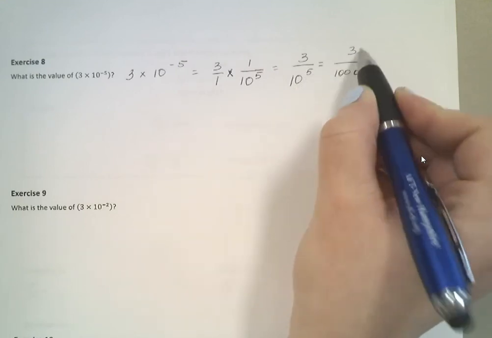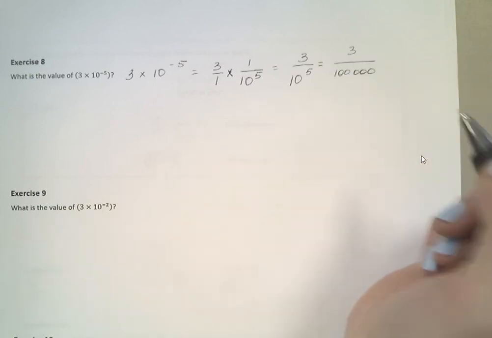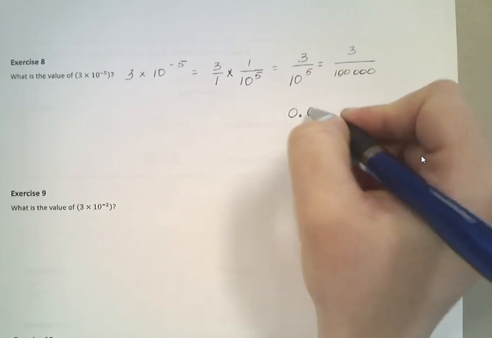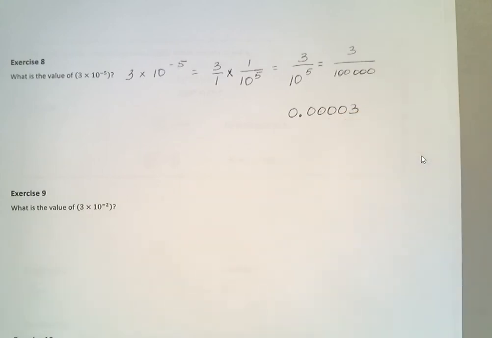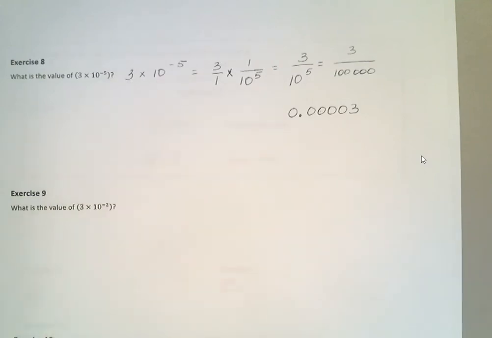So 3 over 100 thousandths. Now, if I were to turn it into a decimal, I will get 0 and 3 over 100 thousandths. That is the value of 3 times 10 to the negative fifth.